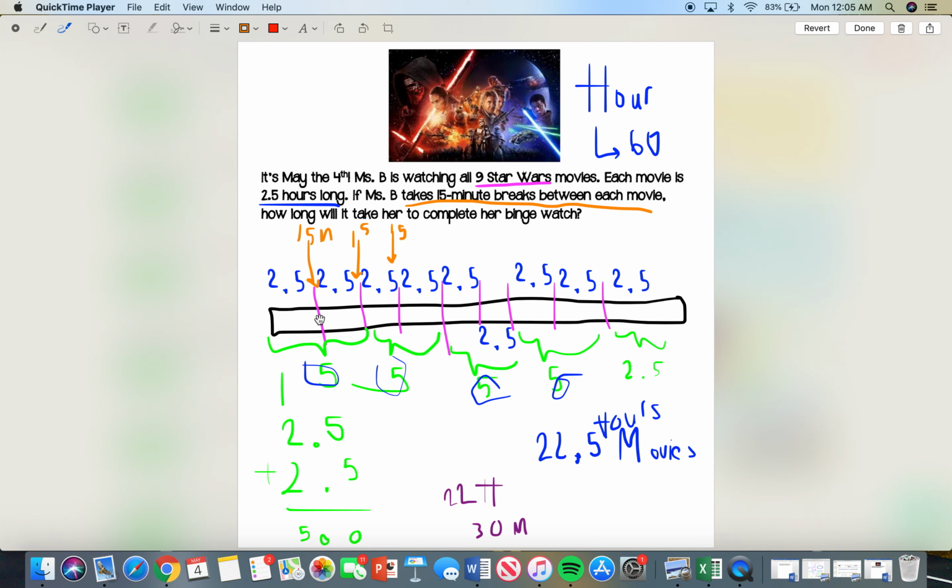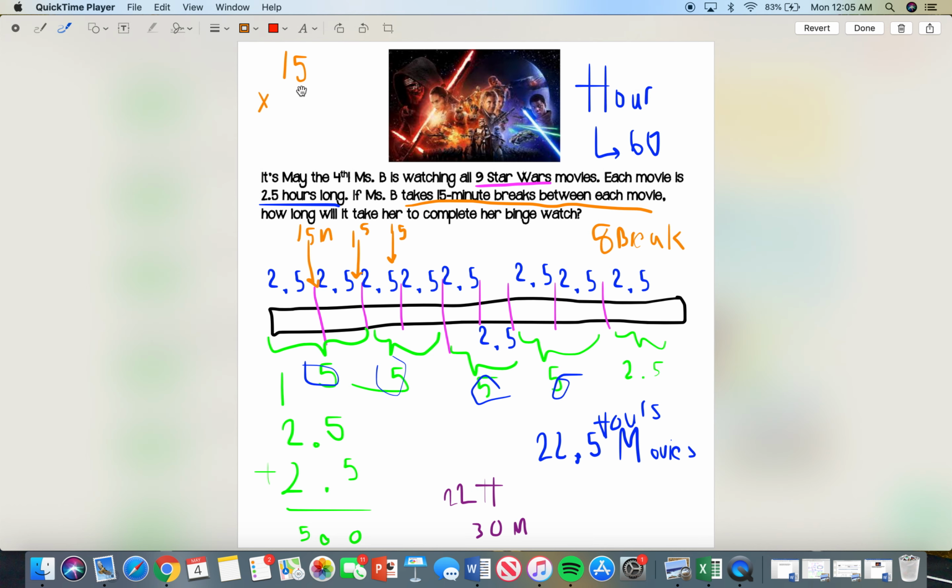So how many of those do I have? 1, 2, 3, 4, 5, 6, 7, 8 breaks. I'm going to take 8 breaks. Each break is 15 minutes. So I have 8 groups of 15, or 8 breaks.